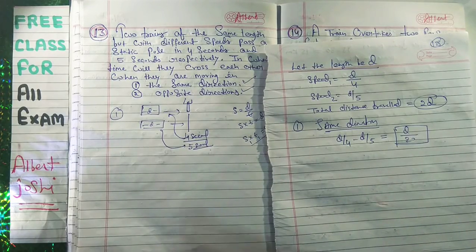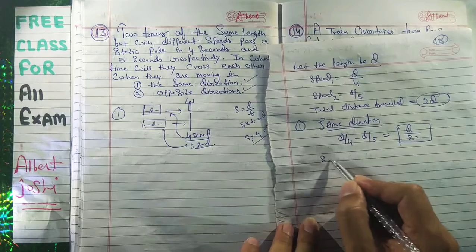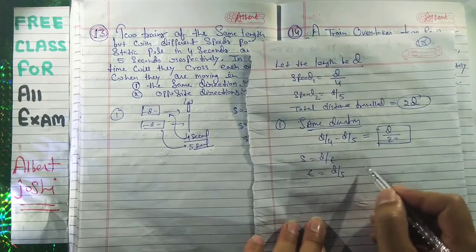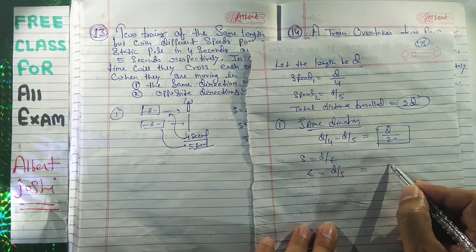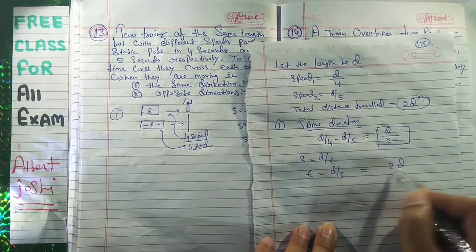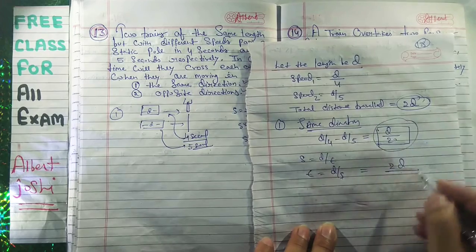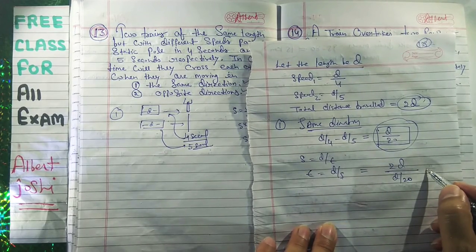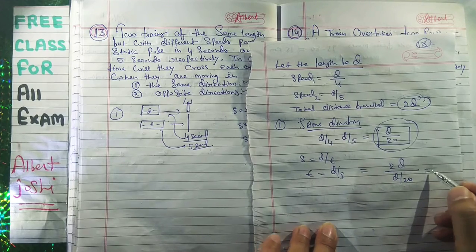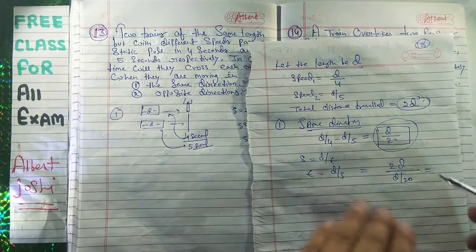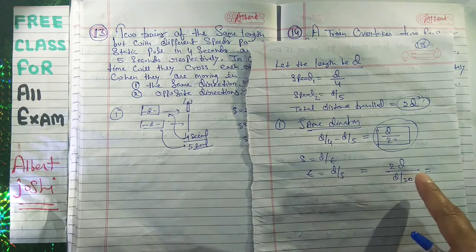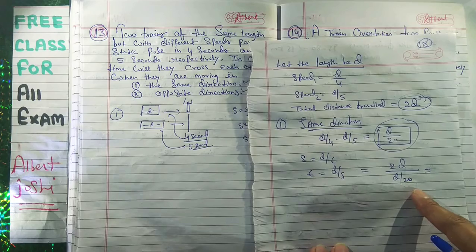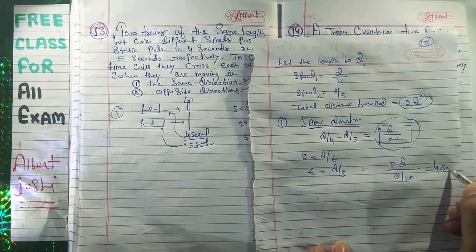Now you know that speed is equal to distance upon time, so time is equal to distance upon speed. The total distance is 2D, and the relative speed is D upon 20. So 2D upon D upon 20, you will get 40 seconds.